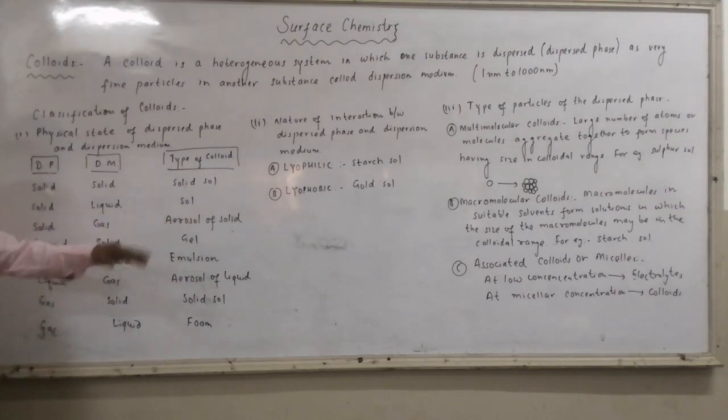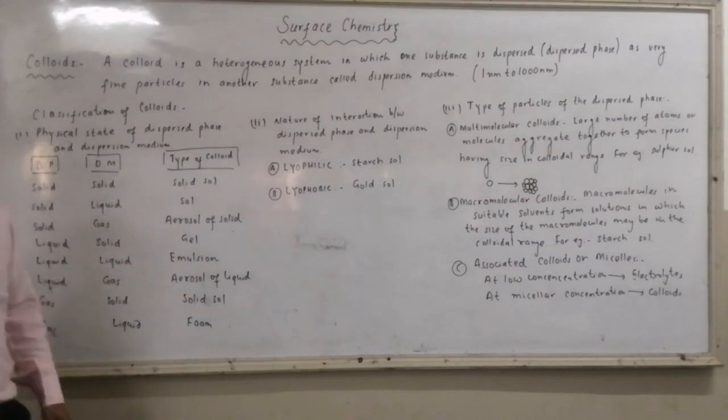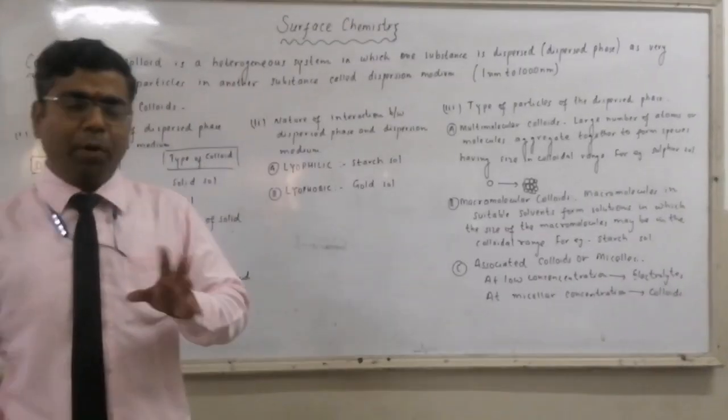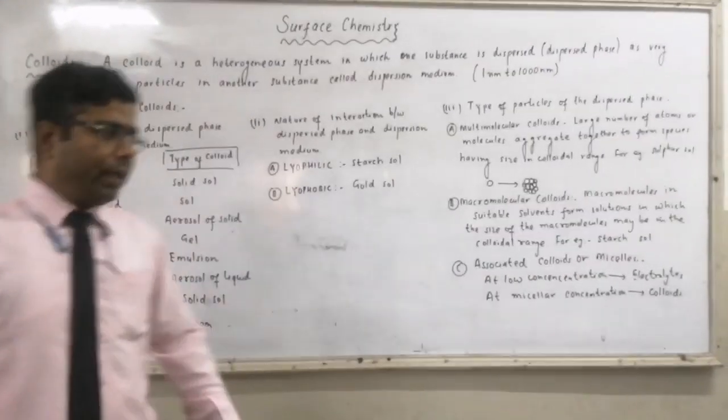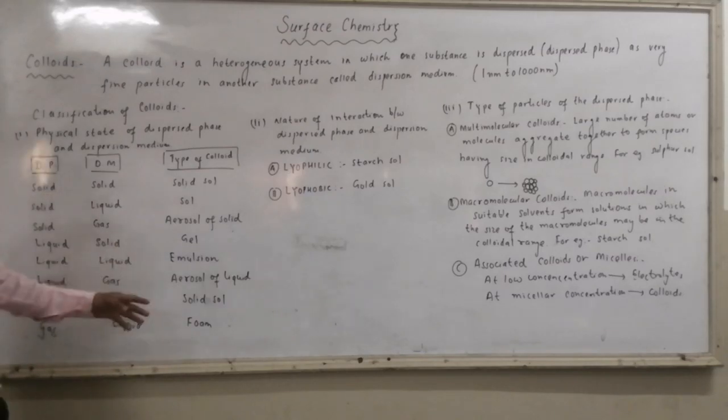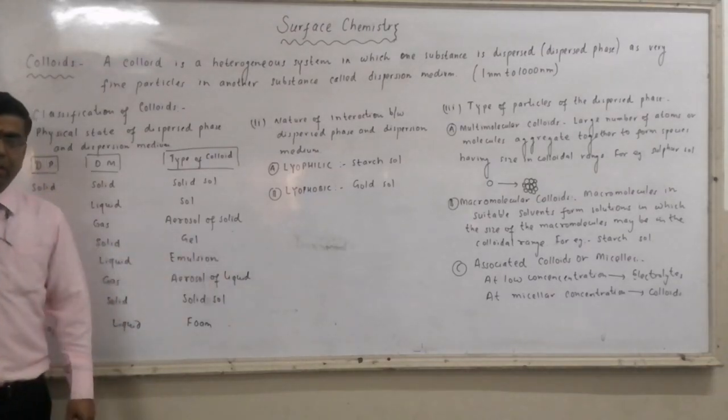It is called aerosol of solid. Whenever dispersion medium is gas, we can use term aerosol with the type of colloids. So here dispersion medium is gas. Dispersed phase is solid, so type of colloid possible is called aerosol of solid.